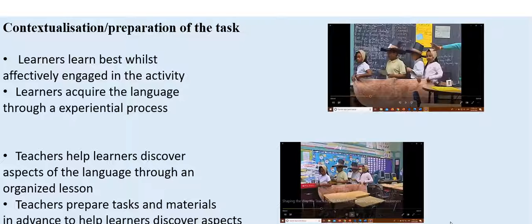So you will see that probably there is much more work in the preparation than in the implementation of the class, because in the preparation you have to think a lot about every single moment, and you have to see in your head what is going to happen first, second, third, what teachers are going to do, what is going to be your role, what materials they're going to need, and then you have to prepare everything in advance and organized.